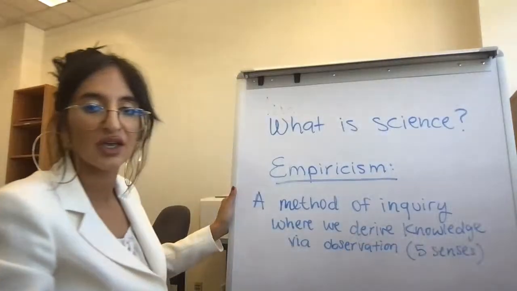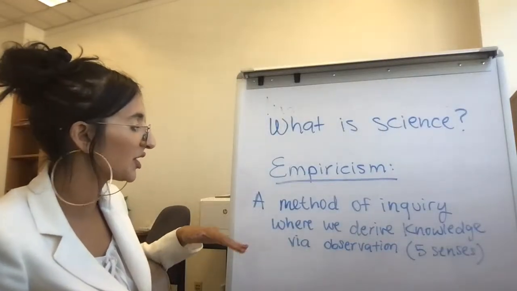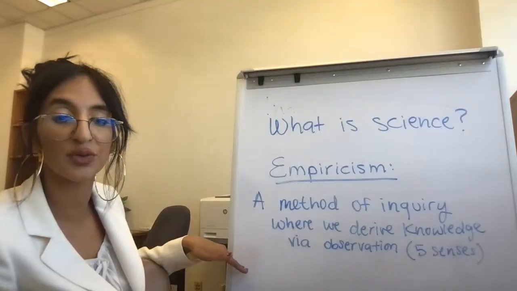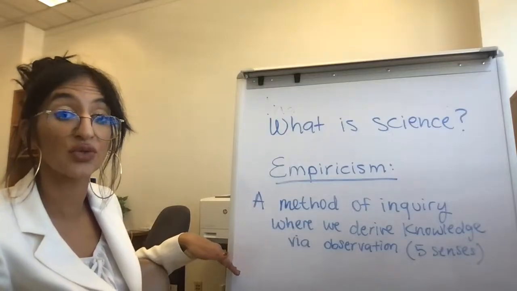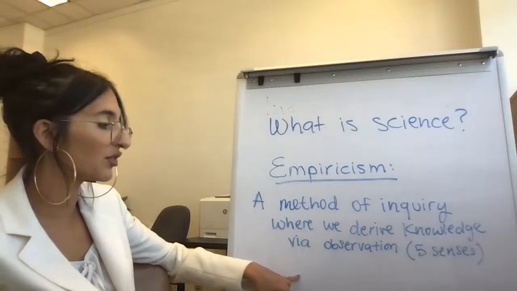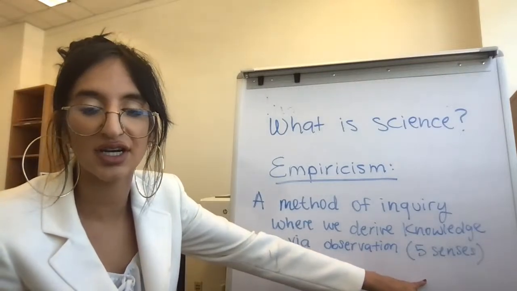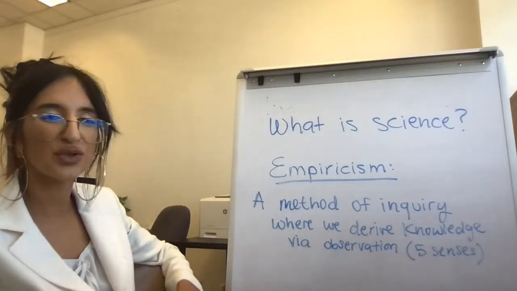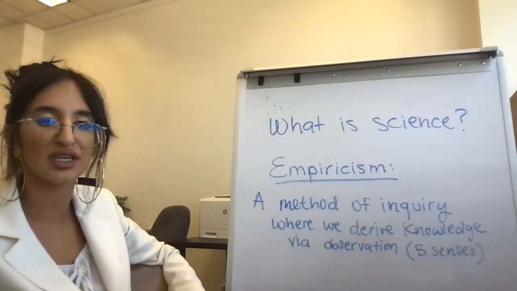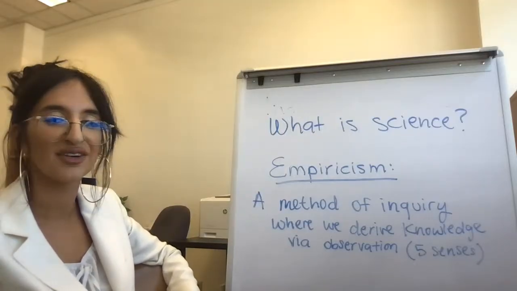Okay, so empiricism, a method of inquiry where we derive knowledge. So we actually get knowledge about the world. We get facts about the world. We come to know things about the world through observation. And the reason why I write five senses here in parentheses is notice the only way we can observe things is through our senses, right? Through seeing things, through touch, through smell, right?